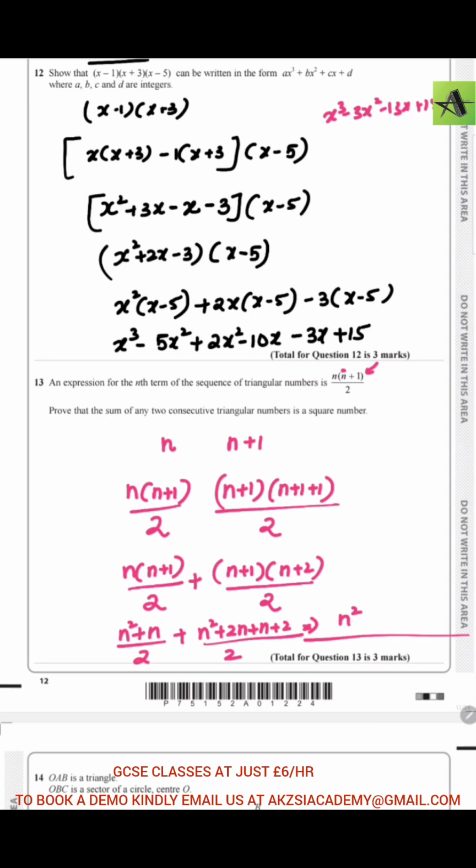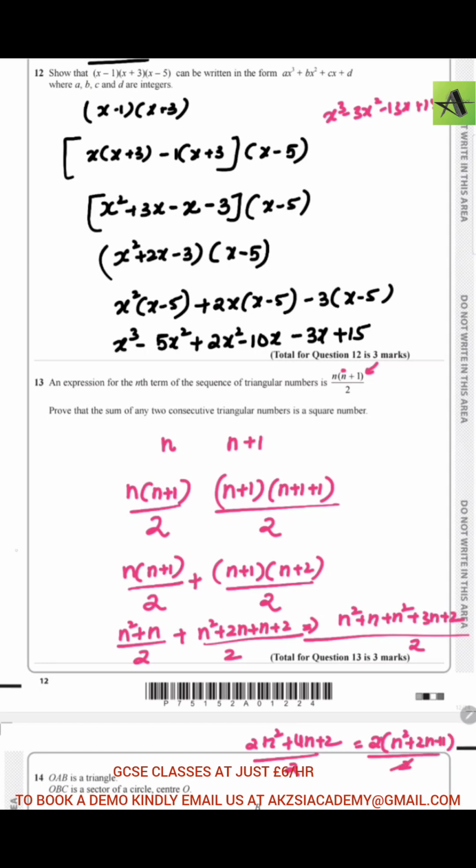So n squared plus n squared plus 3n plus 2 over 2. This then can be written as 2n squared plus 4n plus 2 over 2. Taking 2 out as common, n squared plus 2n plus 1 over 2.